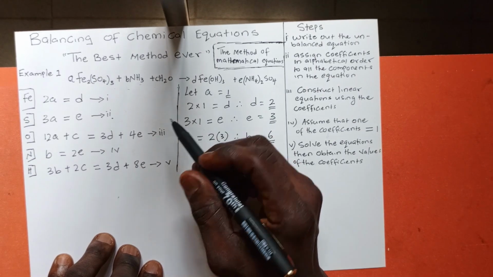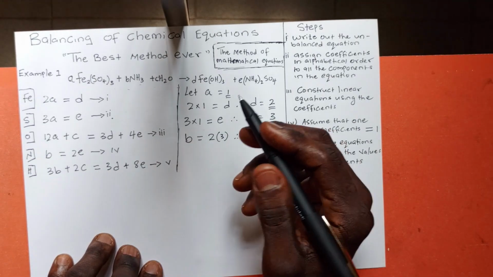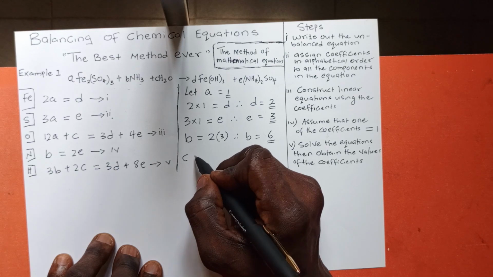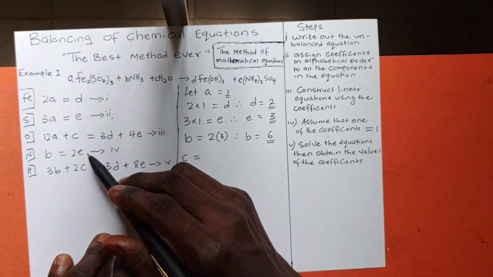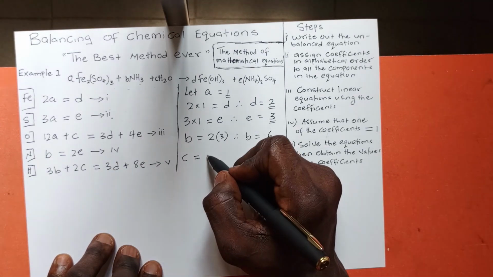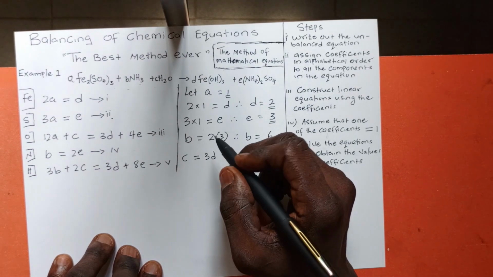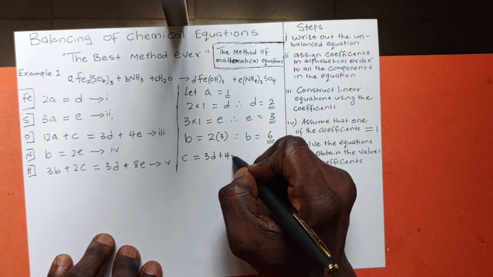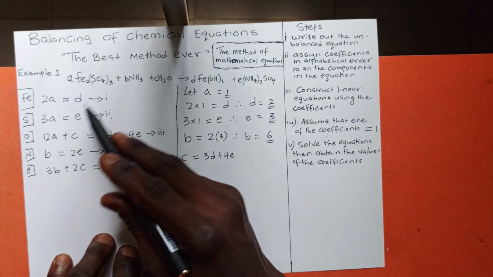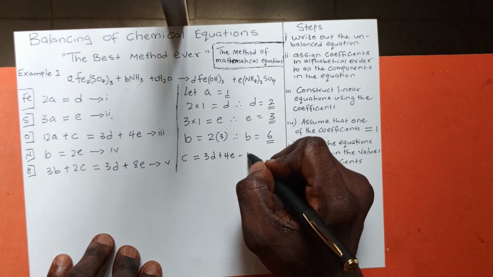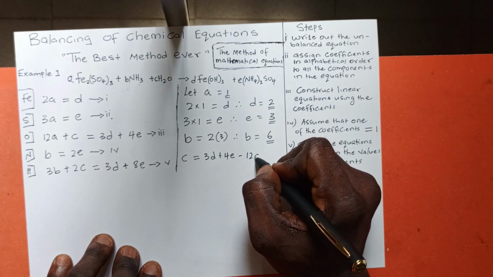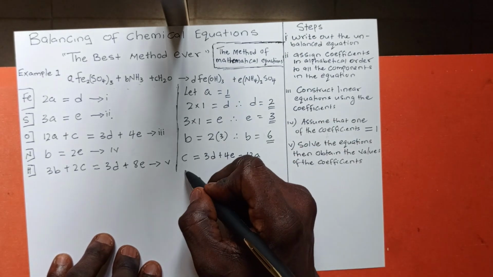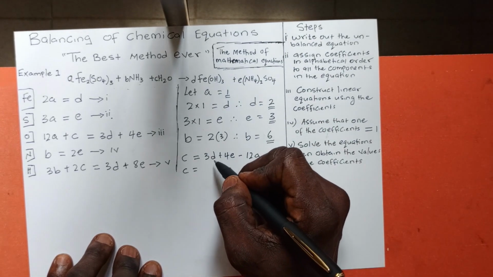So I'm going to make my C the subject of the formula. Hence, C from there is equal to, this is my C. C is equal to, I have 3D plus 4E. Then I'm taking the 12A to the other side. It becomes minus 12A. Let's do this together. So my C is going to be equal to, what is my D?